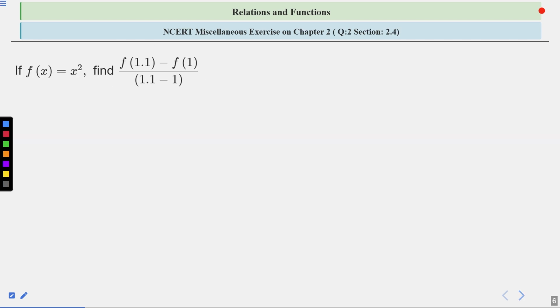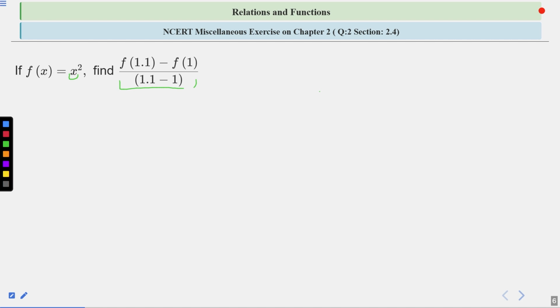Now this question, quite simple. If f(x) is defined by x², so for every input our output is x², then find the expression (f(1.1) − f(1)) divided by (1.1 − 1).